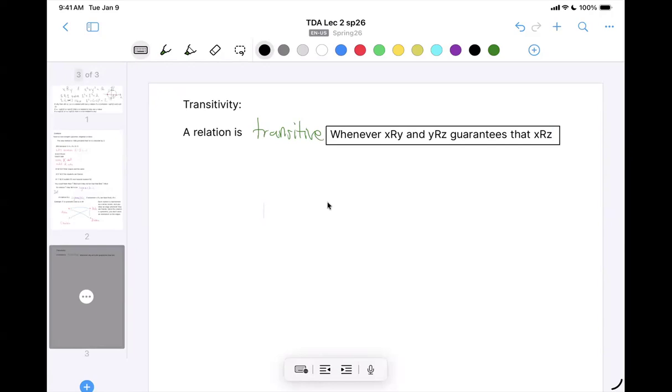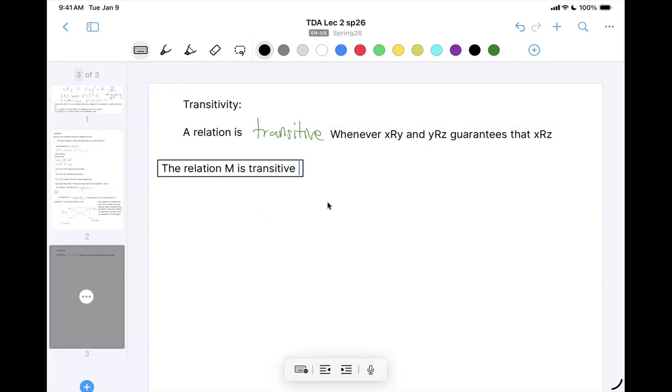Okay, so for example, having the same major is a transitive relation. The relation M from before is transitive because if you knew that Alice and Bob have the same major and Bob and Charles have the same major, then for sure Alice and Charles have the same major.